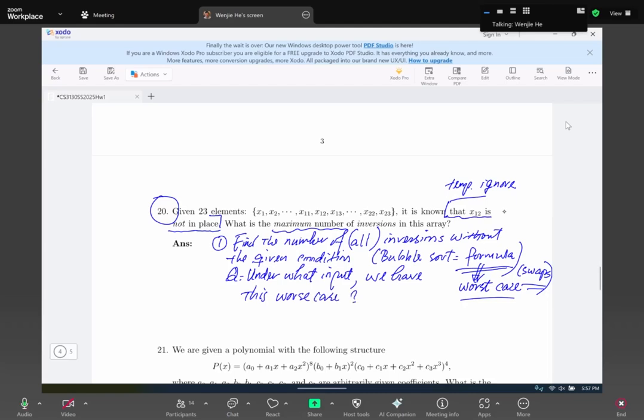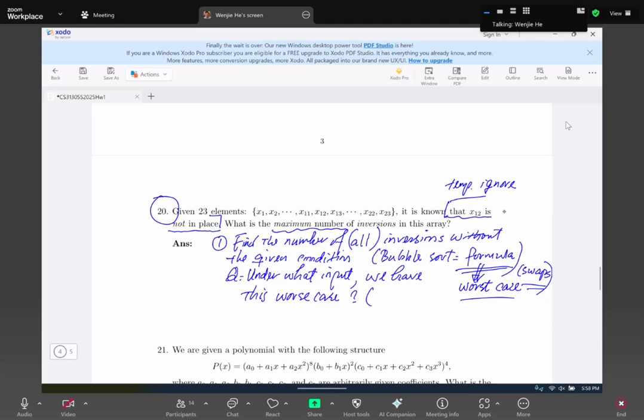Because this worst case occurs for some special input. So you need to know that special input. You need to figure out under what input you have the maximum number of swaps to do in the bubble sort.